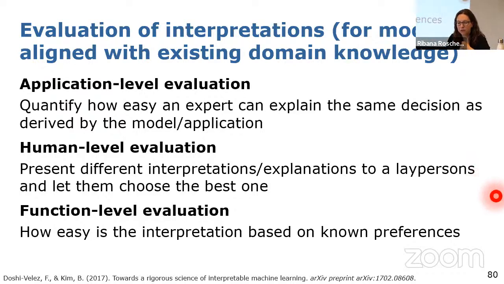Then there's a human level evaluation. Here you present different types of interpretation, and then you let a layperson select which one is the best. I also read in a paper recently that they gave explanations to laypersons and measured if this interpretation helped to make better predictions or to produce better labels, and it didn't work.